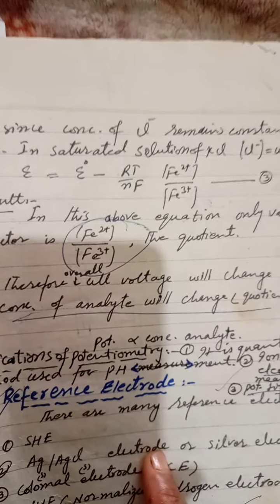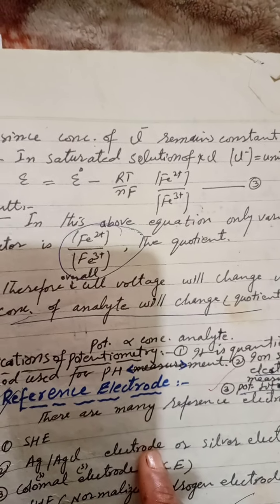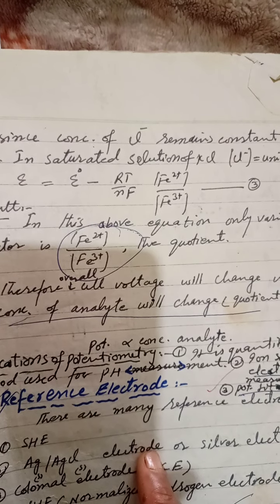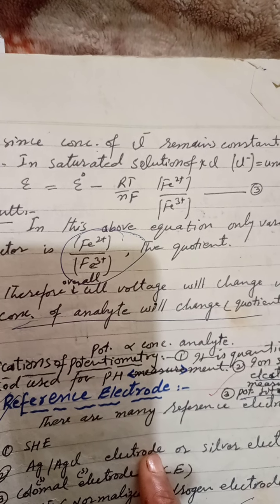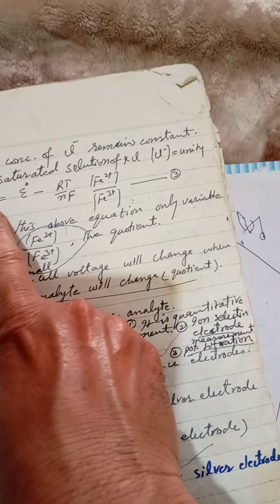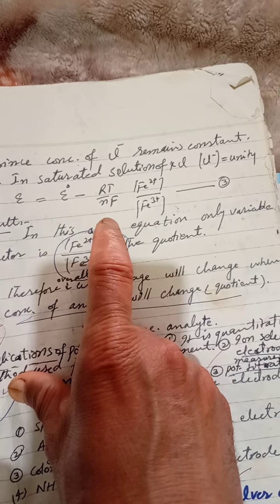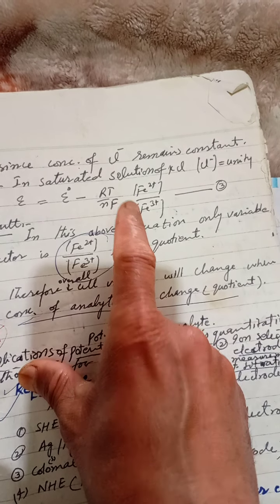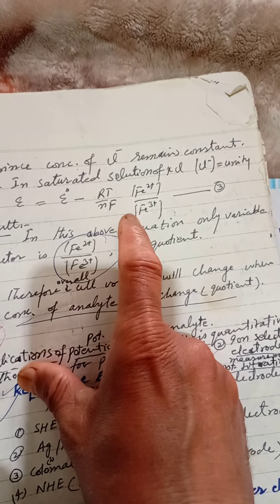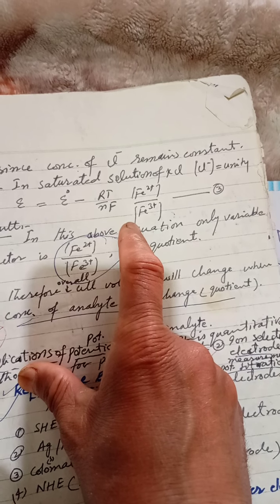Since the concentration of Cl remains constant in saturated solution of KCl, Cl negative ion is unity. So the electrode potential is equal to standard electrode potential minus RT over nF natural log of the ferrous ion over ferric ion concentration.